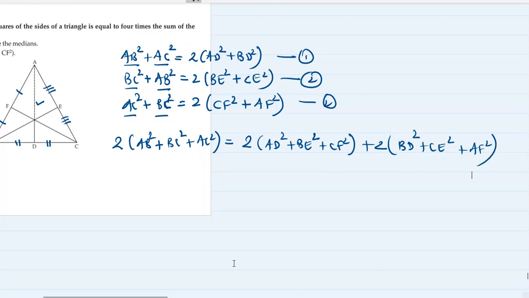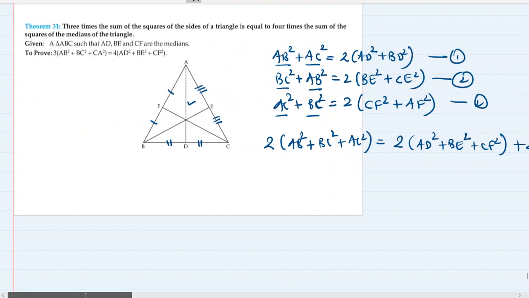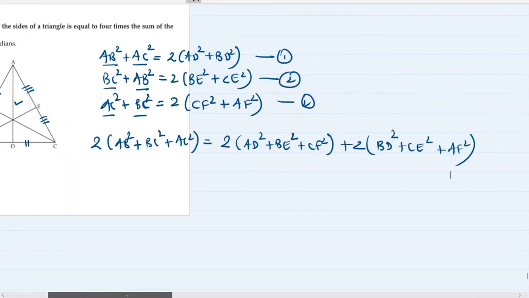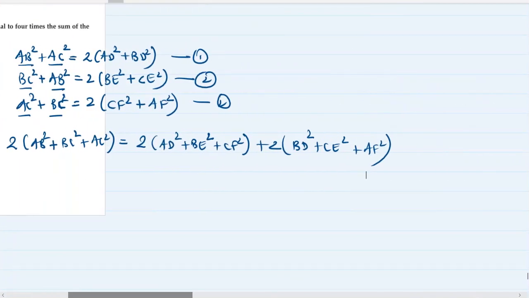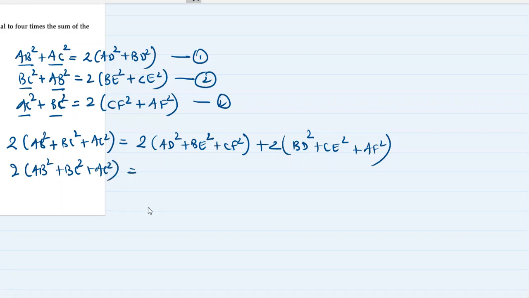Okay, now see, here we have got 2 AB square plus BC square plus AC square. Here we have got 2 bracket AD square plus BE square plus CF square.